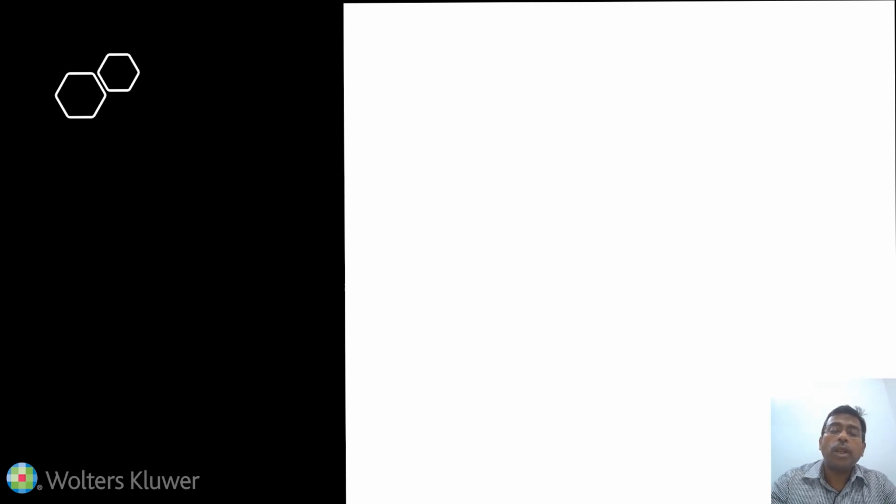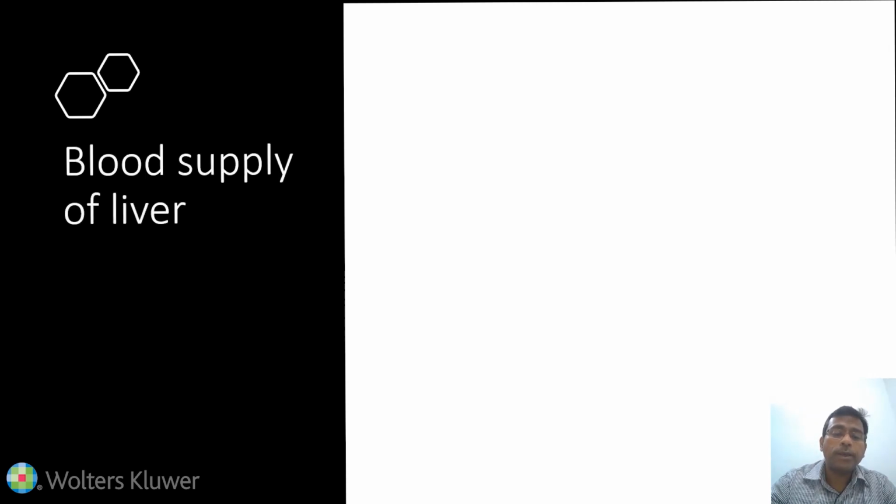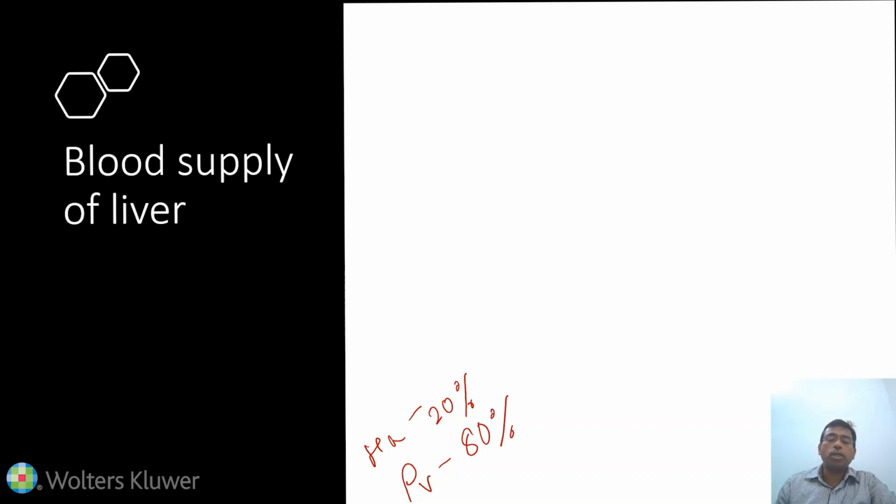So the blood to the liver comes from two sources: the hepatic artery, this contributes to around 20%, and portal vein, this constitutes around 80% of the blood to the liver.